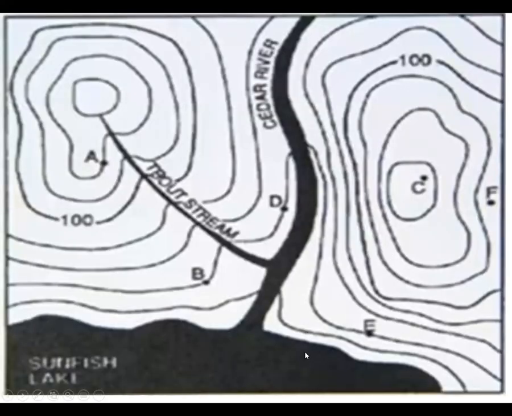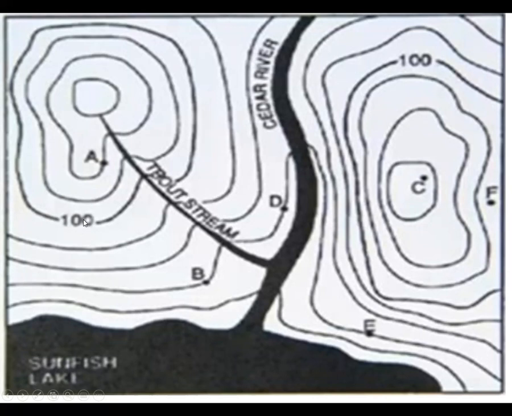Now, look at this one. In this topographic map, you will see that you have point A, point B, point C, point D, point E, and point F. Now, what is the highest peak here? Is it this one or this one? I would say that that's the highest peak. Why did we say that? Look at this. It's 100.